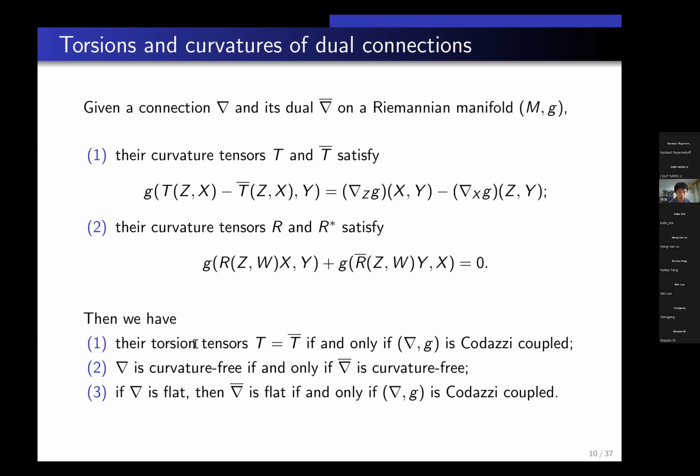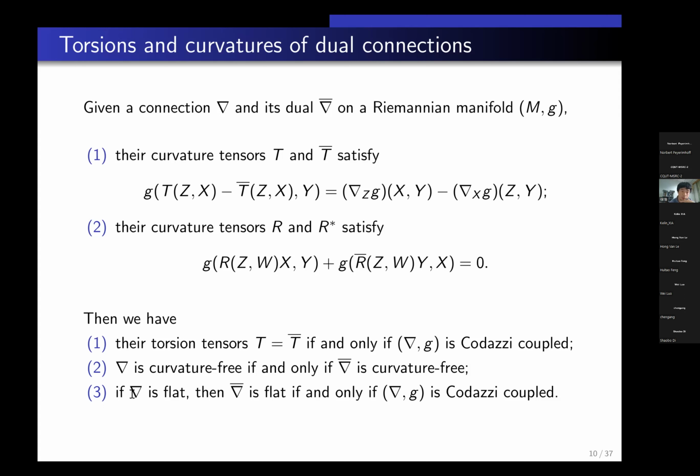These are also the conclusions: the torsion tensor is equal if and only if nabla G is Codazzi coupled, and nabla is curvature free, meaning the curvature tensor equals 0, if and only if its dual connection is also curvature free. I think 1 and 2 follow directly from the above two equations.